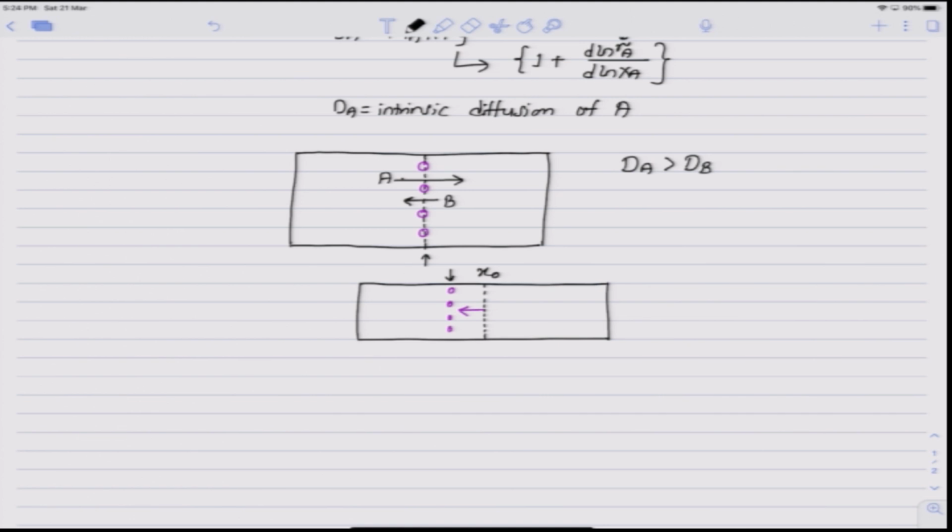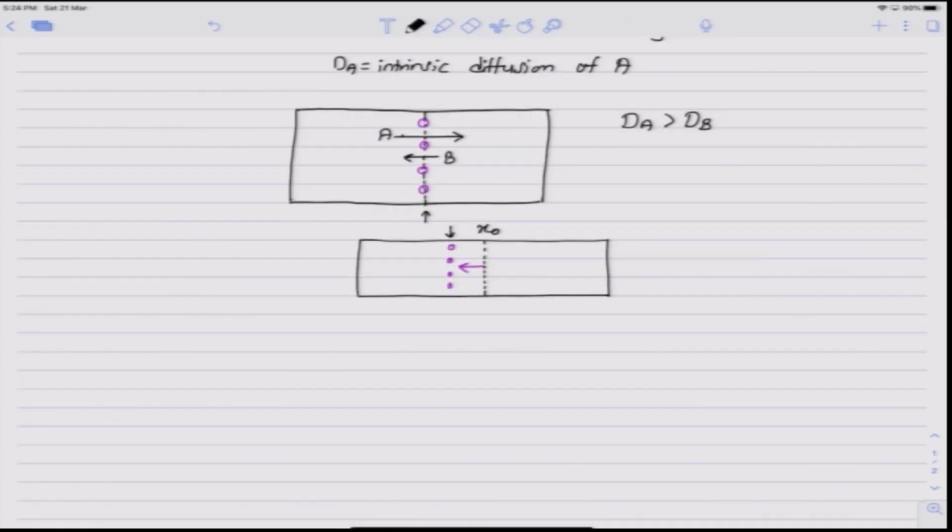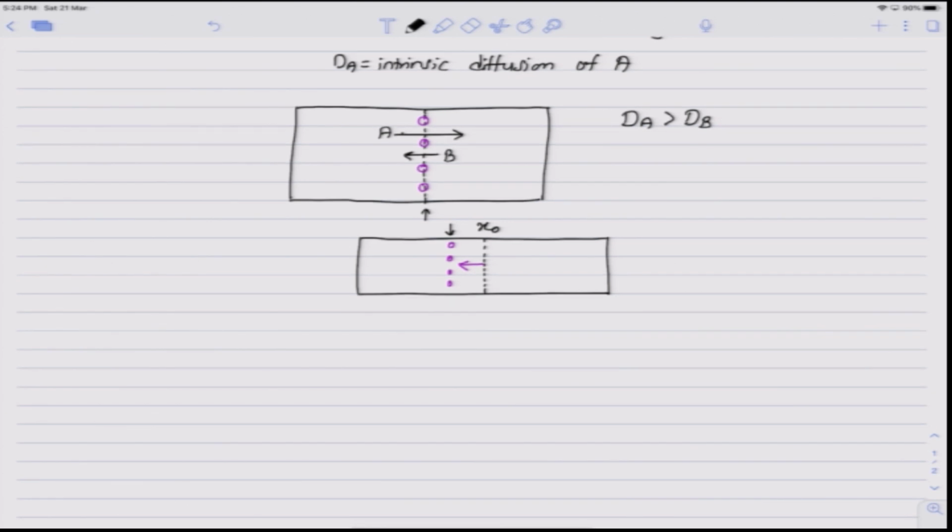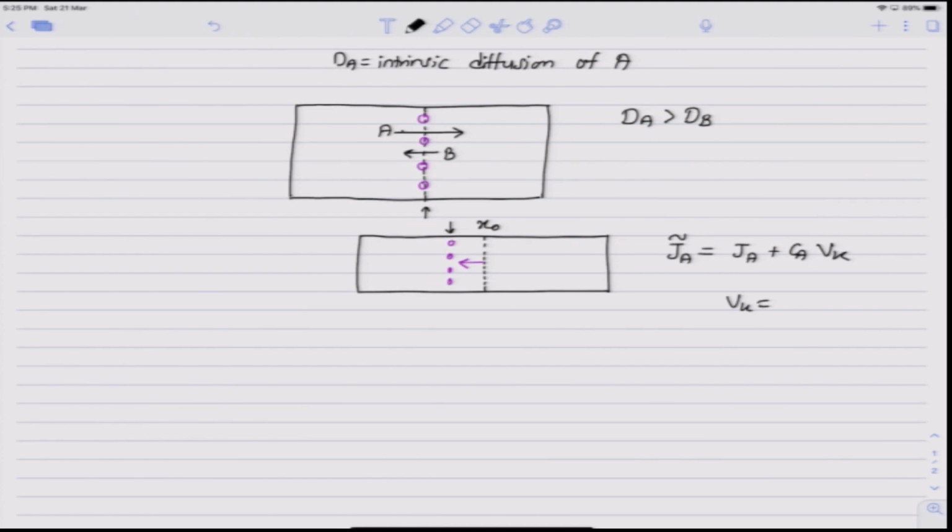So, in other words, if we write the equation for interdiffusion flux J_A tilde, it would be the intrinsic flux, that is with respect to the lattice fixed frame, which is denoted as J_A, plus concentration times V_K, where V_K is the velocity of the marker plane.